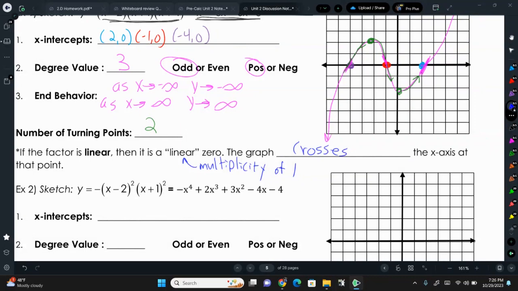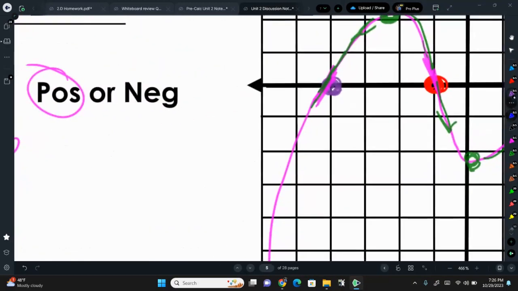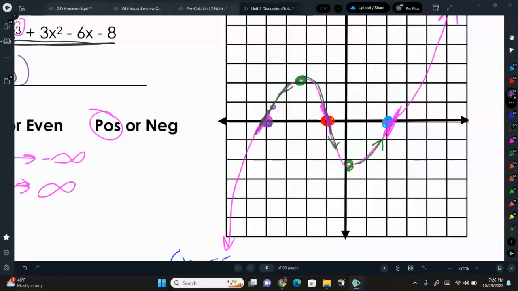You're on one side of the x-axis, and then you go to the other side. So right here, our y values were negative, and then after the zero, they were positive. Here, we crossed the x-axis and our y values went from positive to negative. So a cross means our y values change sign.